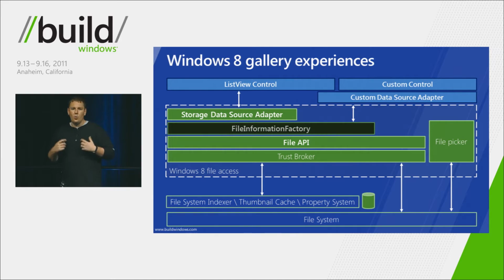This is kind of the workhorse of any of these underlying systems. This is what allows you to bulk load that massive set of properties and thumbnails. Storage data source adapter does a great job of wrapping this functionality and tying it directly to list view so you get smooth scrolling and mirroring and you're able to respond to events.